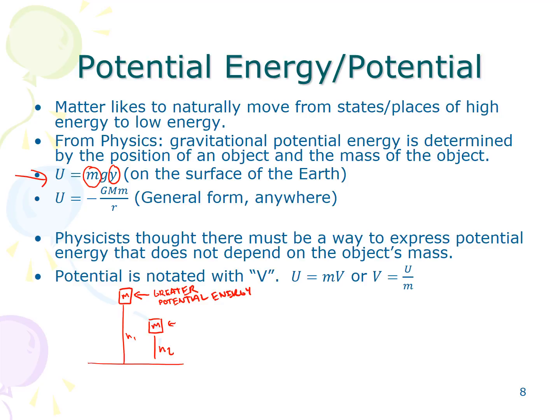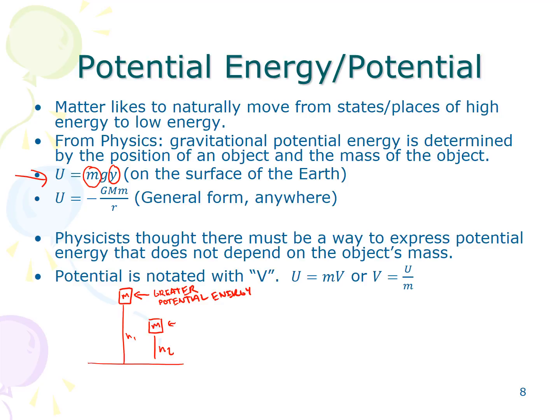And so physicists thought that maybe there might be a good way to express how much potential something might have that's not based on mass. So if I can multiply mass in later, that would be super useful. I can figure out all these equations just based on position, and then multiply whatever mass I have in at the time later. And that's what they did.